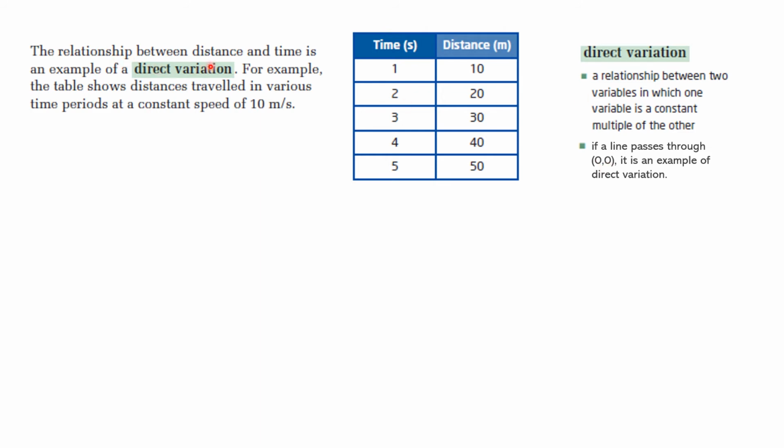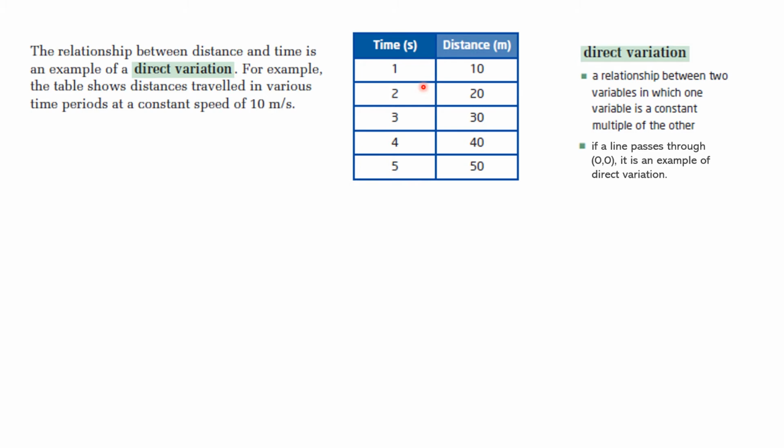The relationship between distance and time is an example of direct variation. For example, the table shows the distances traveled in various time periods at a constant speed of 10 meters per second. It doesn't say if it's a person jogging or what it is, but it's 10 meters per second.